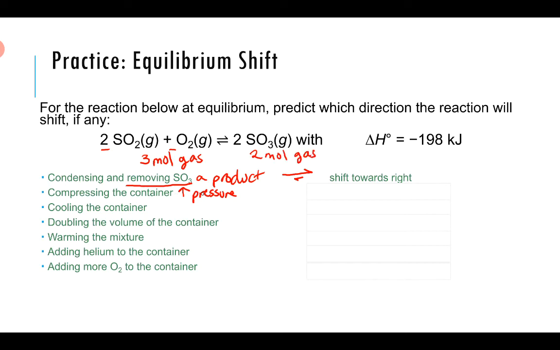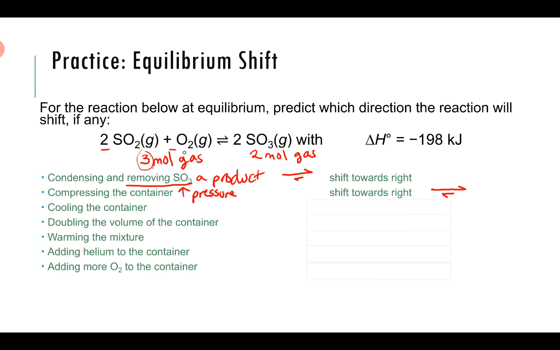And so if I increase the pressure, this side has more gas, and so it's going to bump into each other more often than it did before. And so that's going to shift my reaction towards the right. So that's going to make my forwards reaction faster than my backwards reaction.